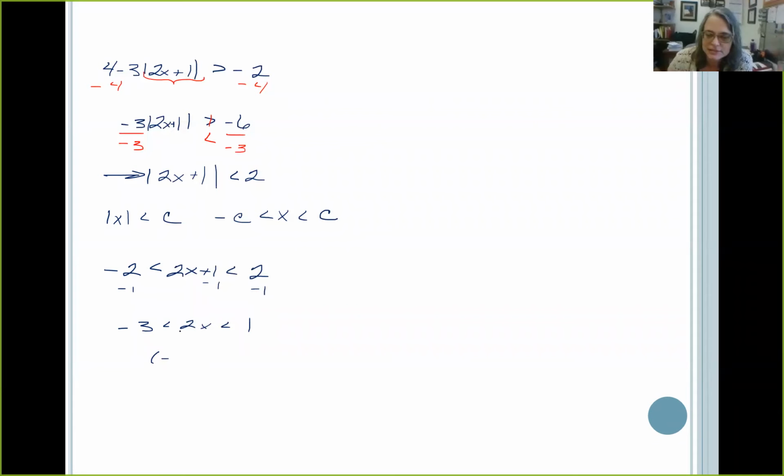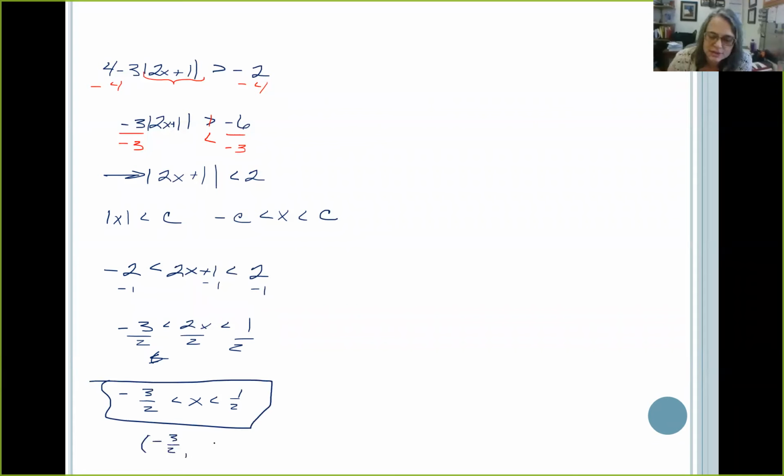Oh, I'm not quite done. Got to divide through by 2. So we get negative 3/2 is less than x is less than 1/2. This is my solution. So in interval notation, that would be negative 3/2 to 1/2.